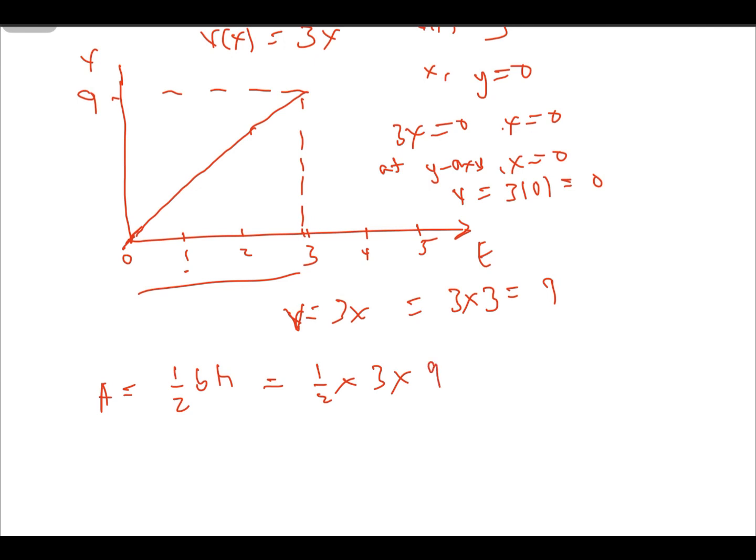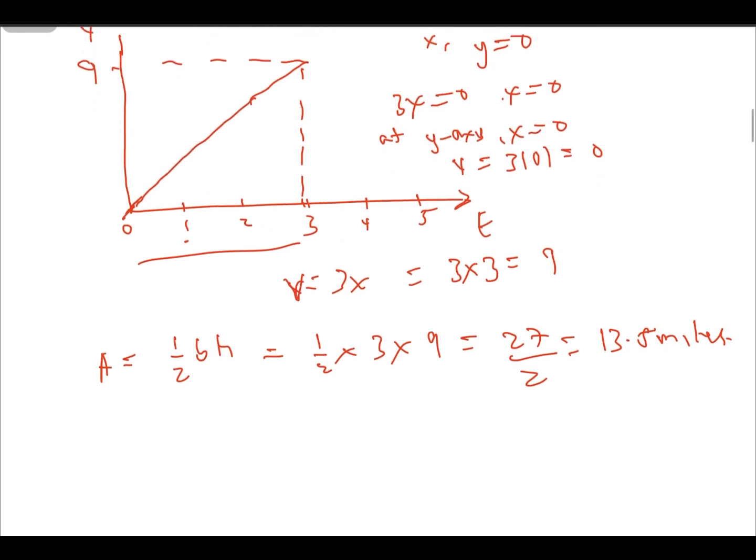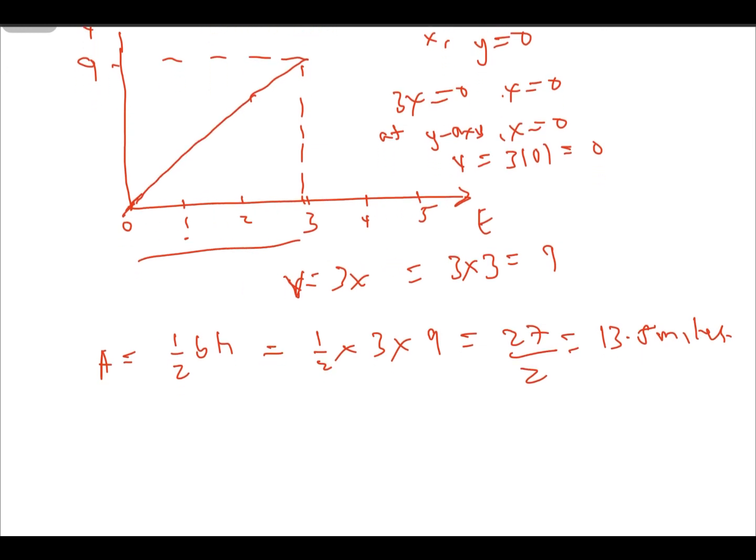So 3 times 9 gives us 27, and then divided by 2, we get 13.5 miles. So this is the distance the ambulance has traveled at 3 hours.